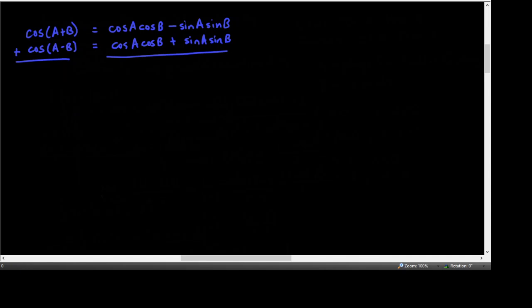And you may see that there you get 2 cosine A, cosine B, and that's all you get because the other two things are opposites and add up to be 0.